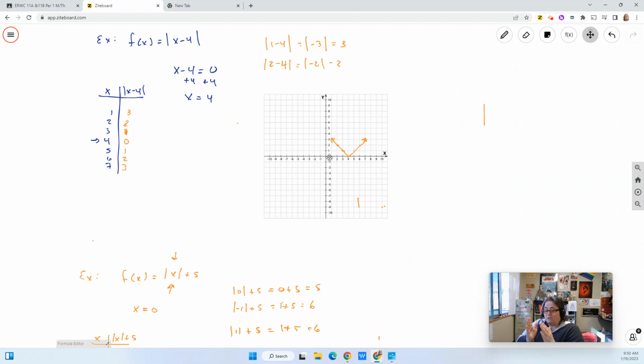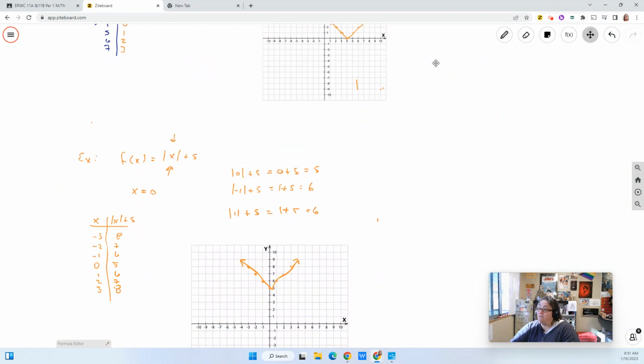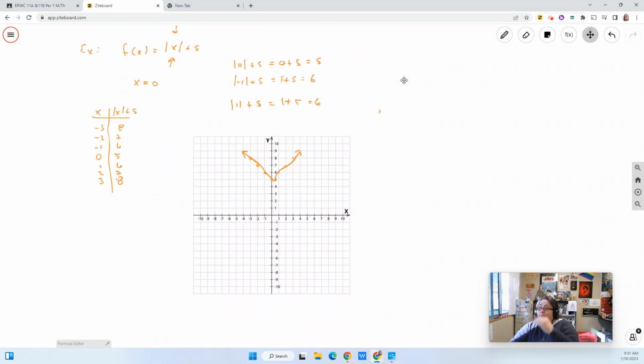So what happens is when you're inside that absolute value, the changes on x, which is why it's going to change left to right, because our x value determines where we are left and right. When it happens on the outside of the absolute value, it's going to change your up and down because that change is happening to your overall y value. So you can kind of tell how your graphs are going to move just by looking at them.